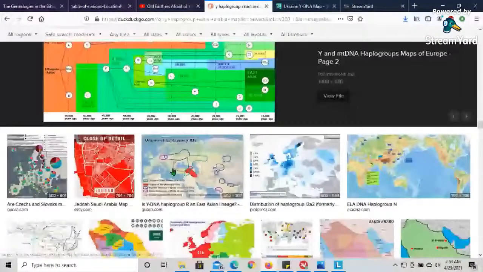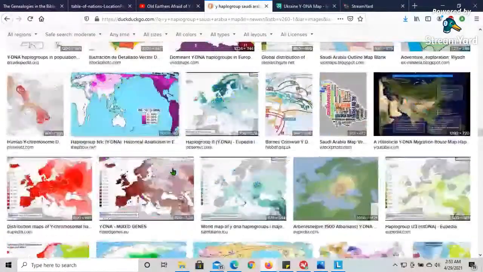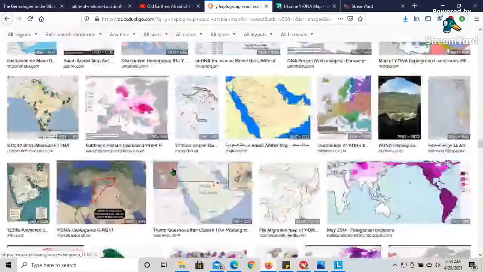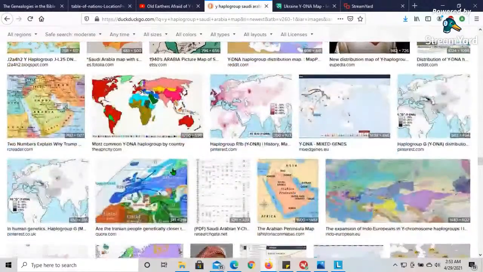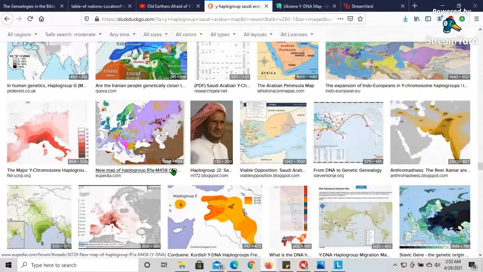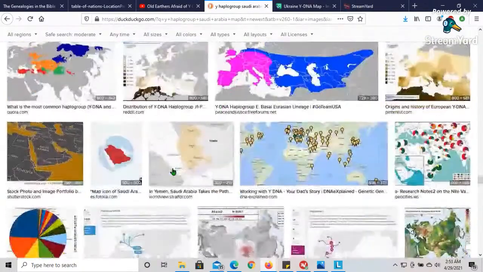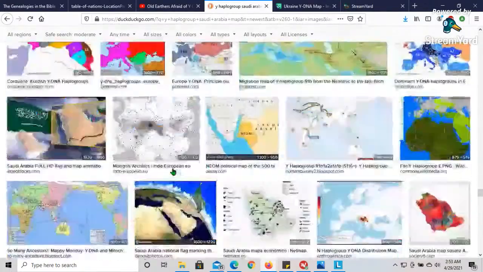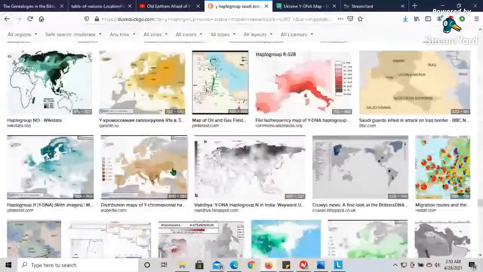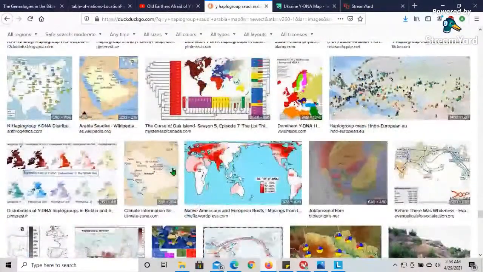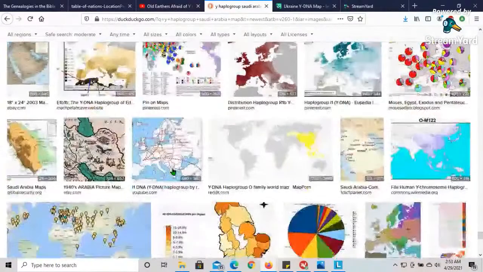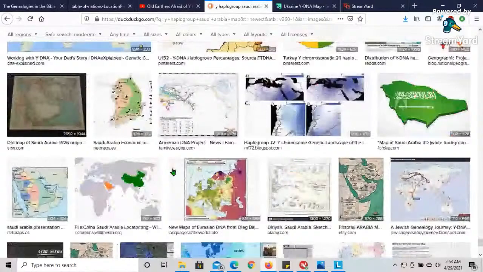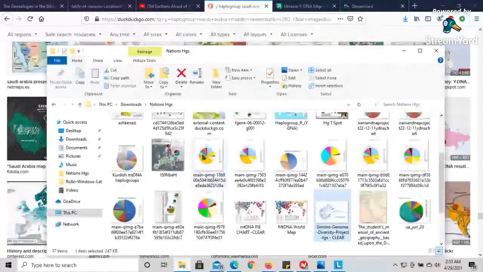So if I can ever get to it or find it, I'll just have to go. I guess I'll have to go to my saved maps. Yeah, I'm probably gonna have to go saved maps. So we'll go here.